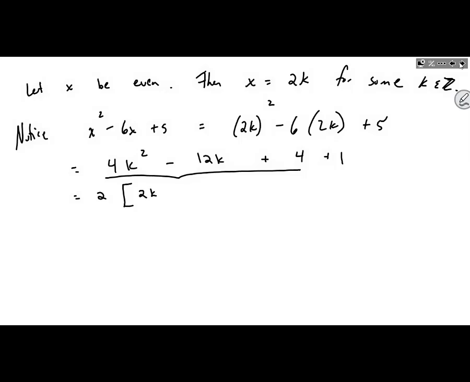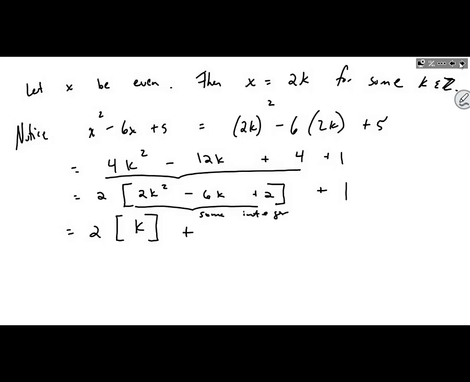So that's 2 times 2k squared minus 6k plus 2, plus 1, which is 2 times, this right here is simply some integer, so 2k plus 1, okay, which is odd.